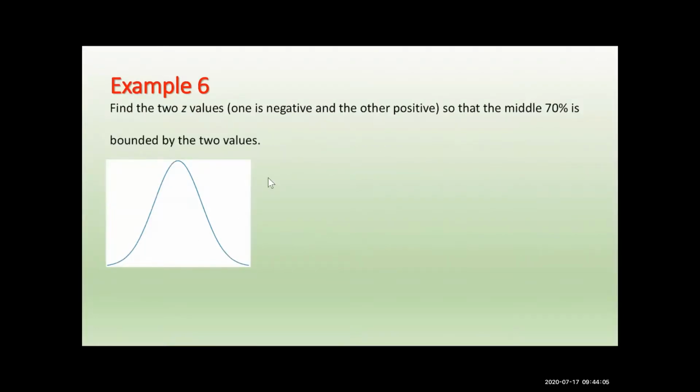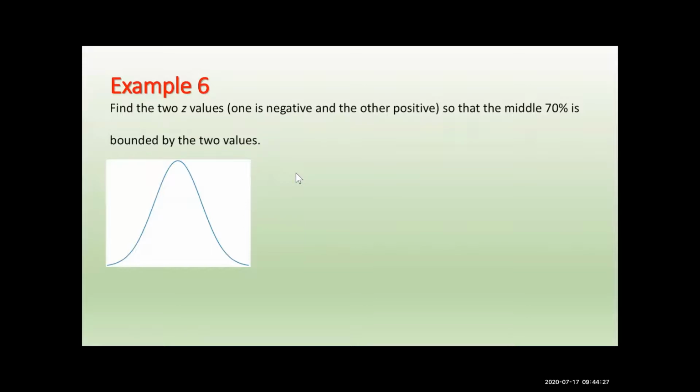Okay, problem number 6 here. Let's see what is given and what we are asked to find. We have to find the two z values, just like in the previous one, one negative and the other positive, so that the middle 70% is bounded by the two values. So not the side values, not the area in the tail, but the area in the middle is 70%.